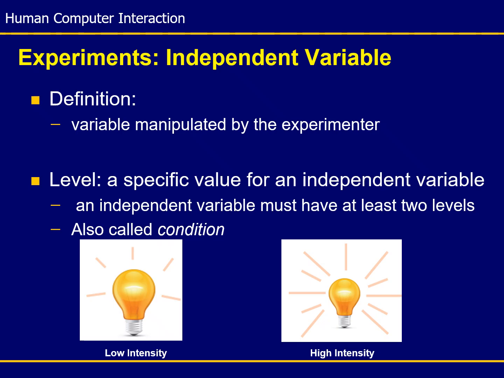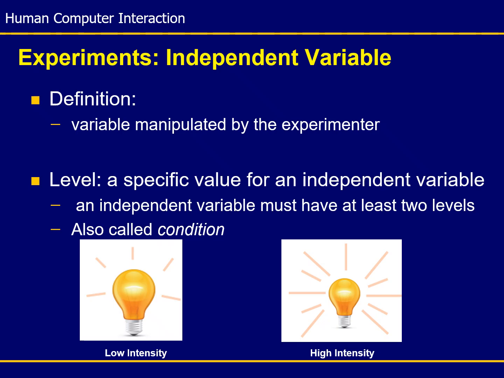Okay? I could have also added, for the sake of the experiment, zero intensity, but it does not make sense, because when I change it to zero intensity, which means the light bulb is off, the user is not going to ring the bell. And I'm interested to test his reaction, so I have to have some light coming out from the light bulb, and consequently I will just consider low intensity and high intensity.